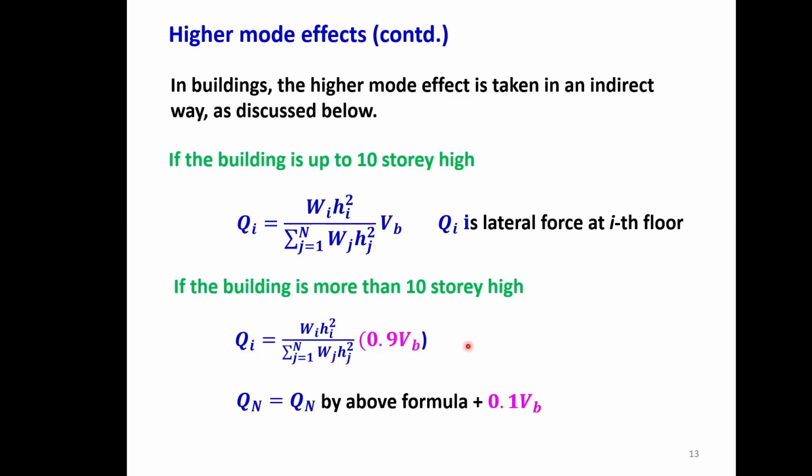Now this distribution is done to all floors including the roof. So Qn indicates the roof lateral force. So the roof lateral force is equal to the roof lateral force given by this expression plus the left out 10% of the base shear, 0.1 Vb. So it has been established through research that with this process you can take the higher mode effects indirectly into account in the analysis and the results.